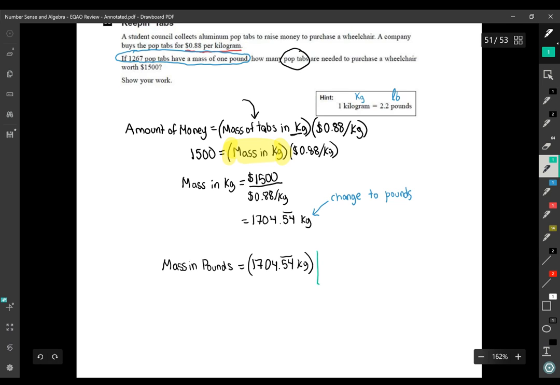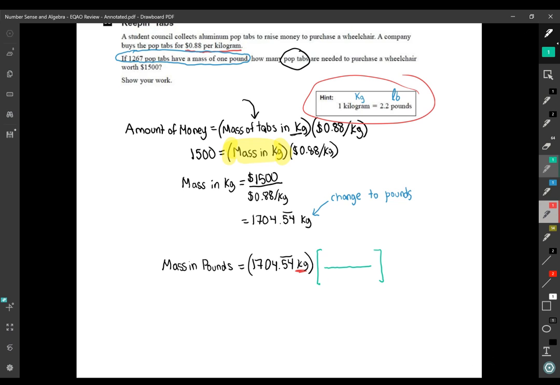Remember, a ratio is a comparison of two quantities. So I want the new units to be pounds, so I'm going to put 2.2 pounds over 1 kilogram. That is going to cancel out the unit of kilogram and leave us with units of pounds.